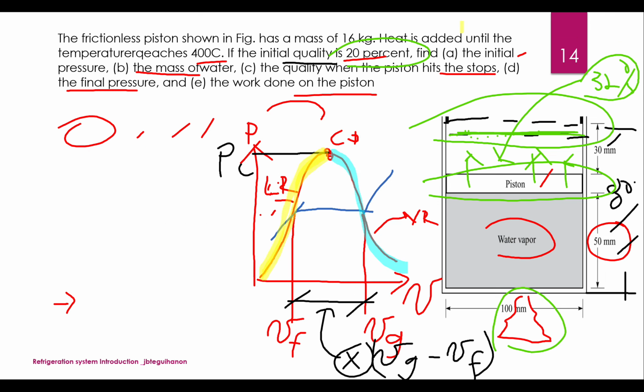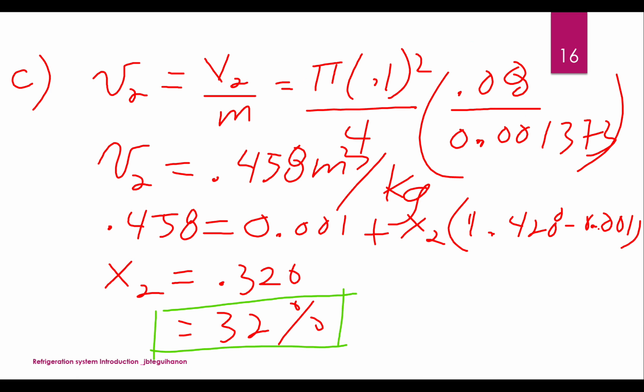So going back, continue. What's the time? So it's 18 minutes already. So D, we are asked to solve for the final pressure. The final pressure is quite difficult to compute, right?